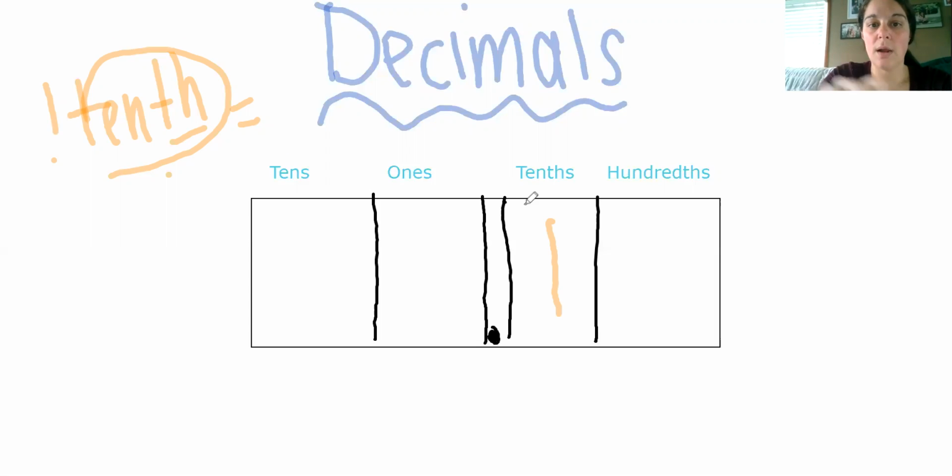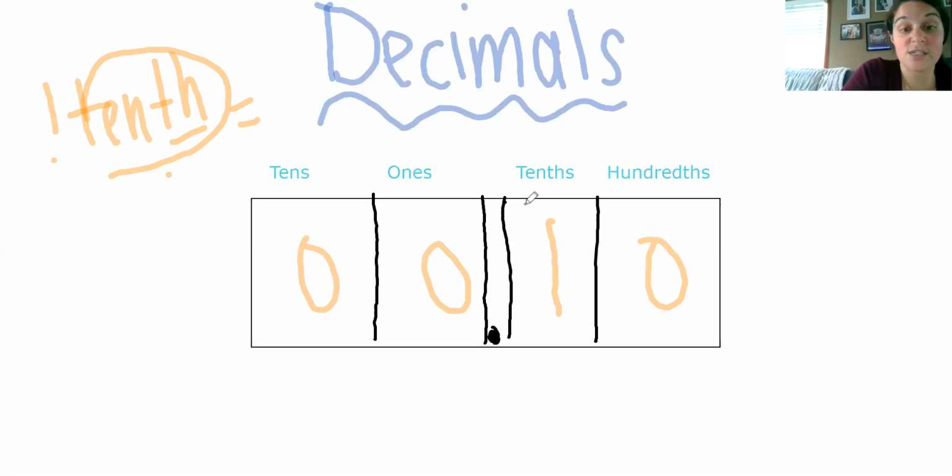So the rest of them would be what? Zeros. So how I would write that as a decimal would be 0.1. And then if I wanted to write that as a fraction, it would be what? I would look at my chart, 1/10, which is also equal to 1/10, right? Just like that.